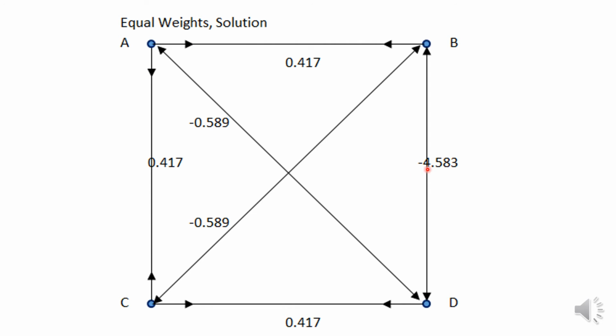Notice compression here, minus 4.583. On the diagonals, the compressive force is minus 0.589. Again, it's a little bit closer to 0.5 kilonewtons, and you have tensile force here, tensile force here, tensile force at the bottom, these three being equal.